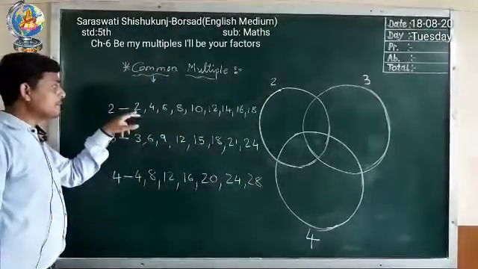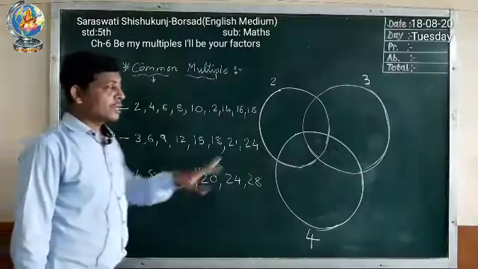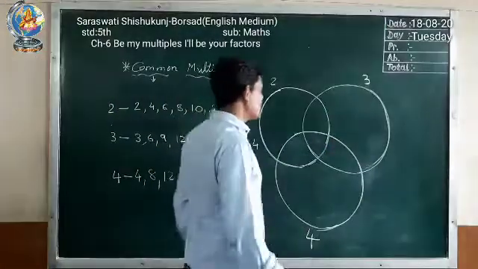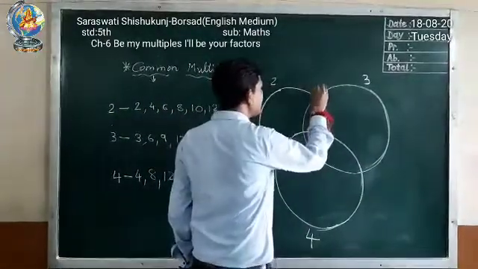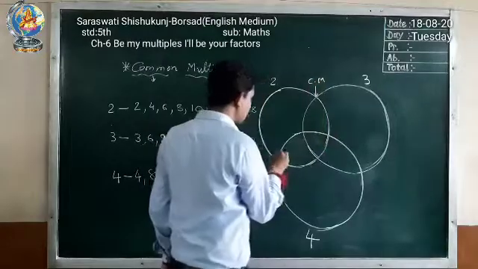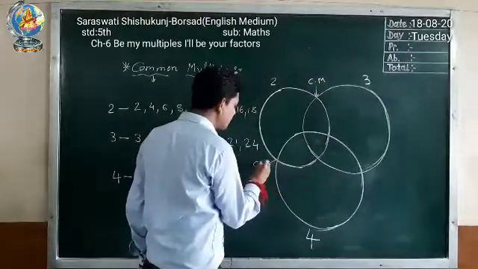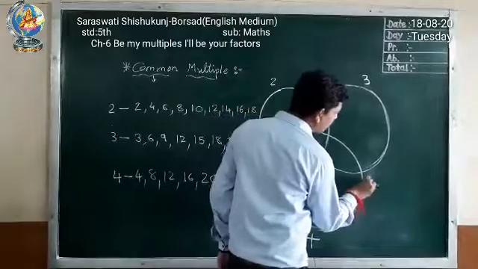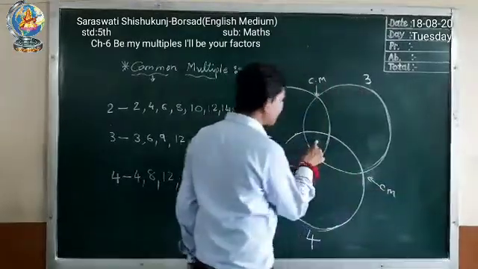Now we have written multiples of 2, 3 and 4. Here a common multiple will come, here also, here also, and at the center also.